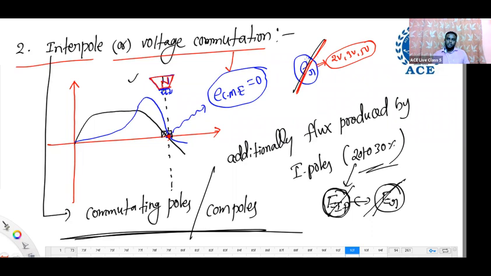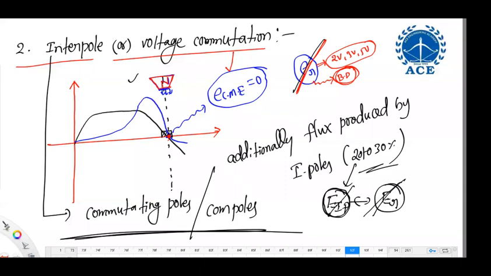Generally, we neglect the reactance voltage because it is approximately compensated by the brush drop itself, which is 0.5 volts, 1 volt, 2 volts. The reactance voltage induced is dropped in the brush as brush drop, so we neglect that. So the main consideration is the cross-magnetizing voltage. Okay, sir. Thank you, sir.